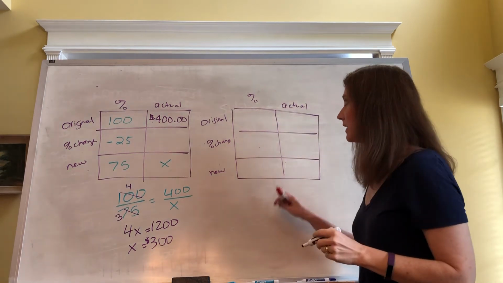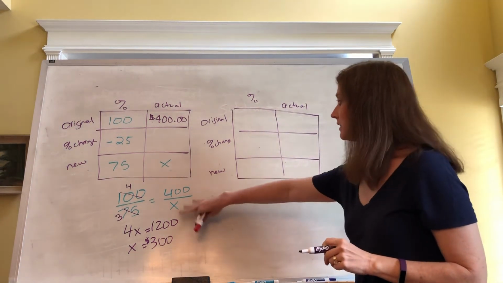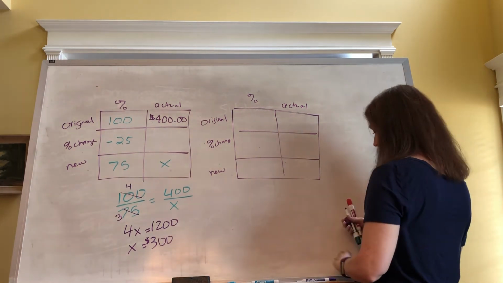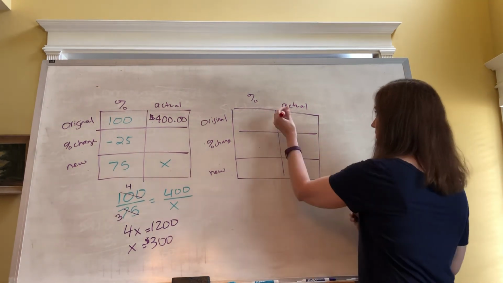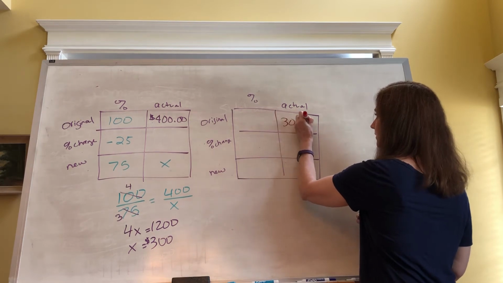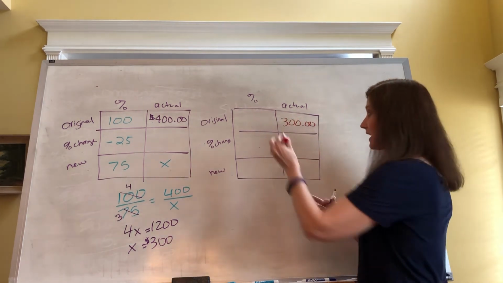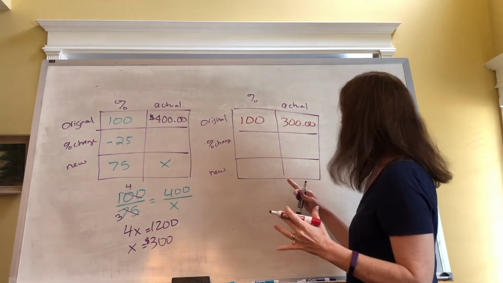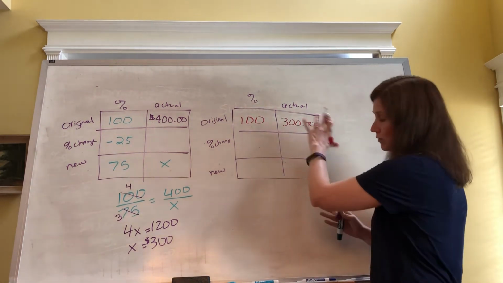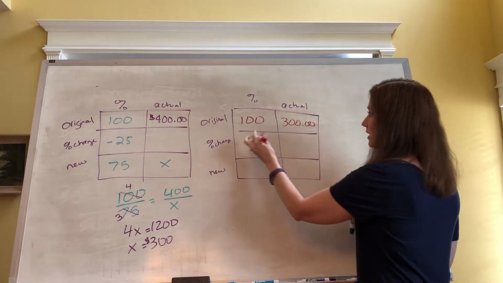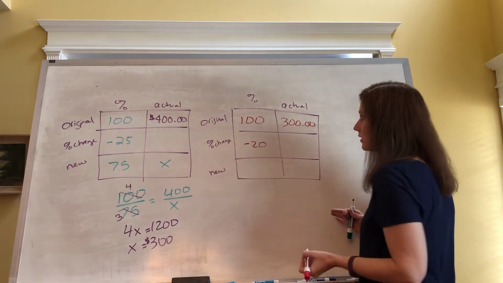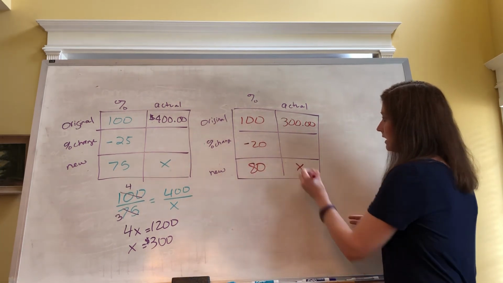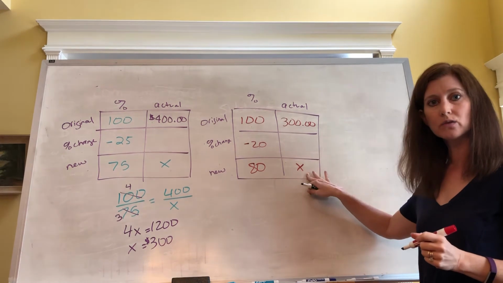Okay, all right, so now my original amount is the $300 that we found over here, so that is now the 100% amount, because we're starting over basically. Okay, I'm going to now take 20% off, and so now I'm looking for 80%, and we're looking for what that final sale price is.